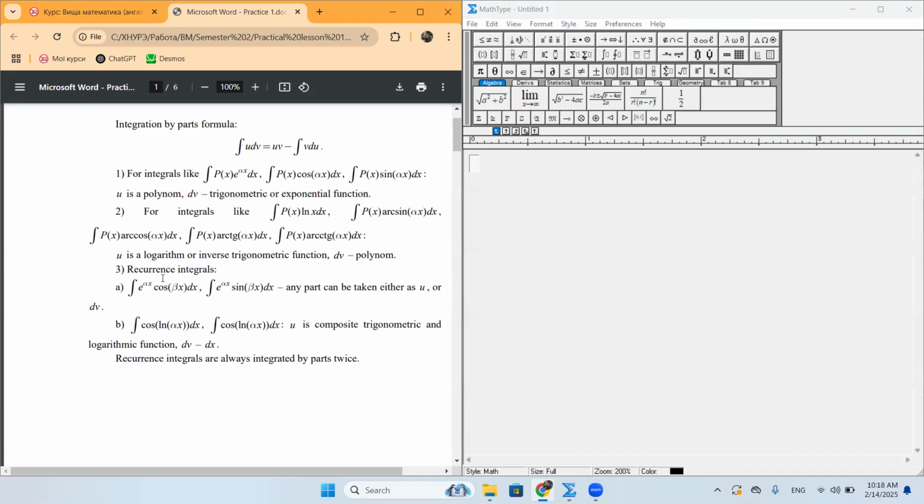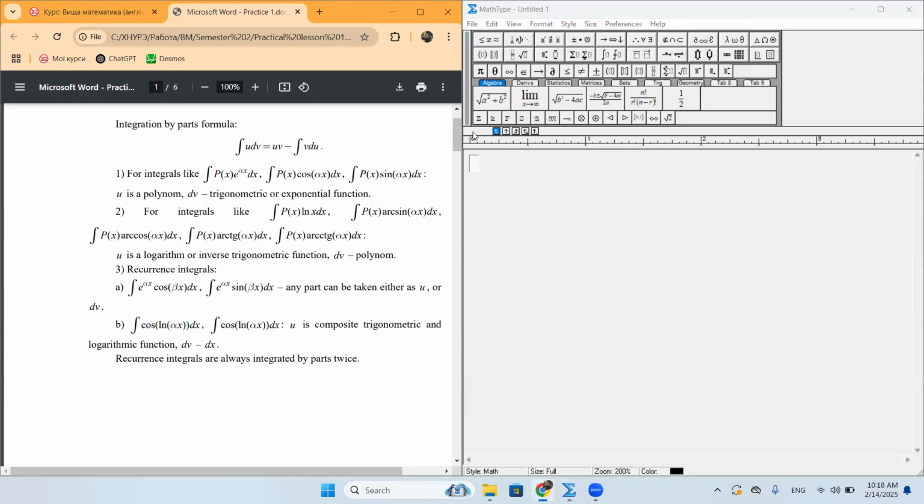Also, we have recurrence integrals. For such integrals, where we multiply exponent by cosine or sine, it doesn't matter which part is taken as u or v. Any of them. And for integrals like cosine of logarithm or sine of logarithm, we take this expression as u.